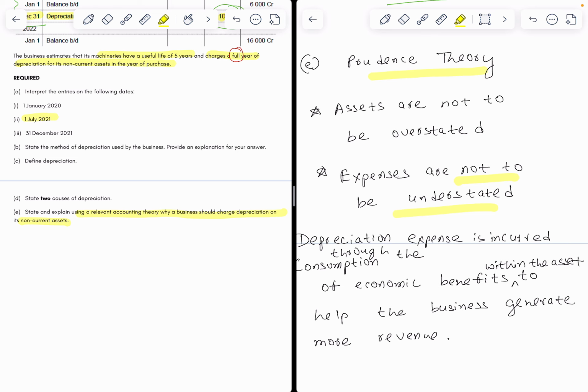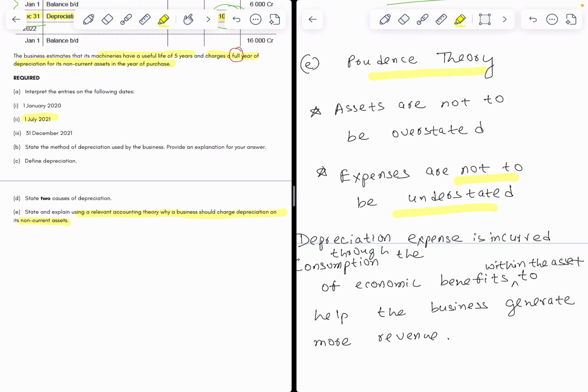And when you prepare the balance sheet and you report the net book value for these assets, you also want to make sure that those net book values are not overstated and they're representative of the depreciation expense or the consumption that the business has already incurred to help the business generate more revenue. So you just simply talk about the prudence theory and then mention the two main points in the prudence theory, which is to not overstate assets and not to understate expenses.